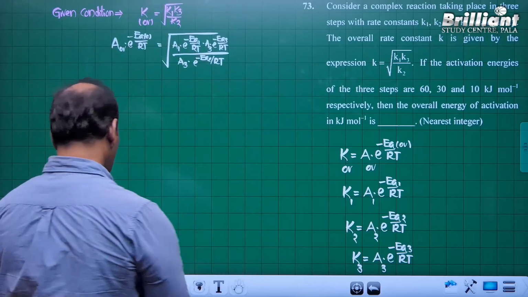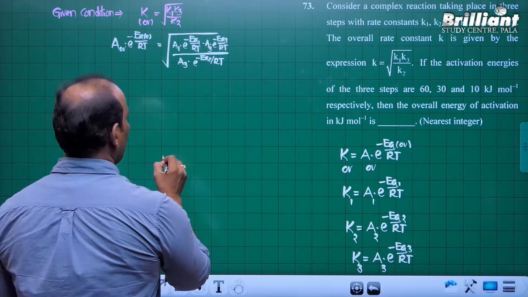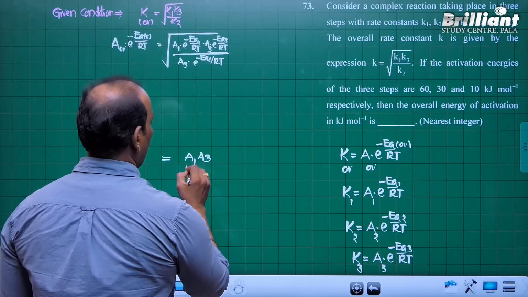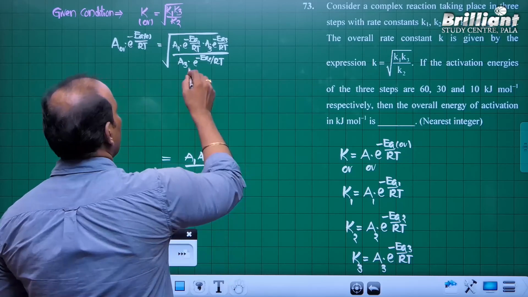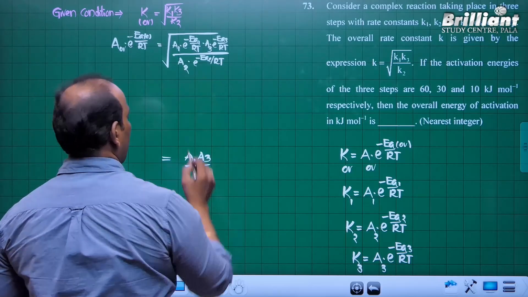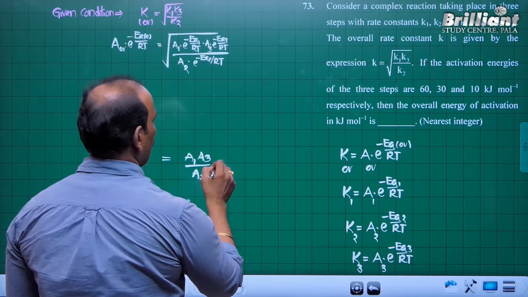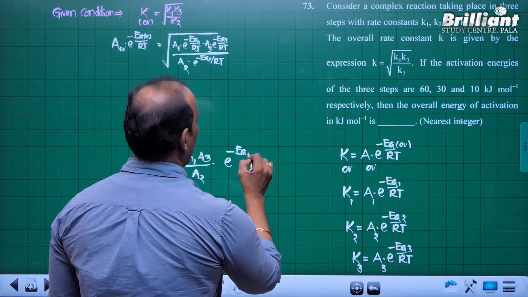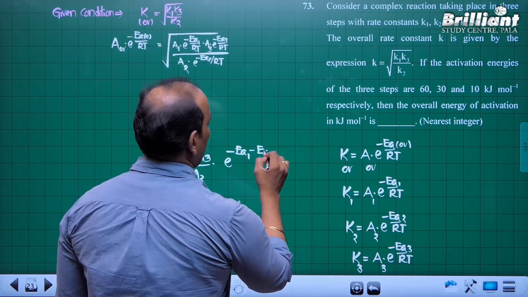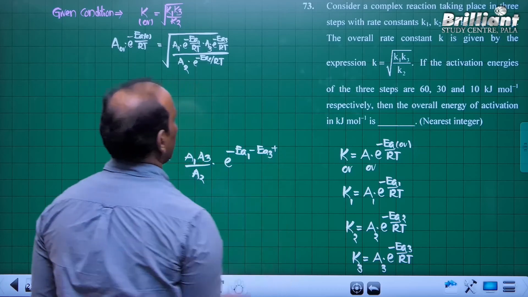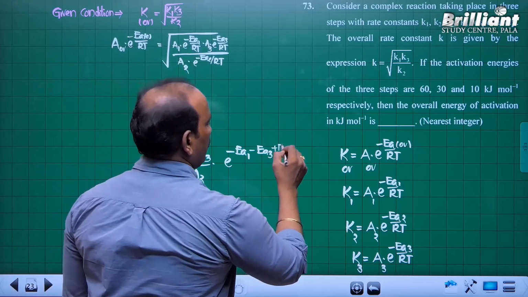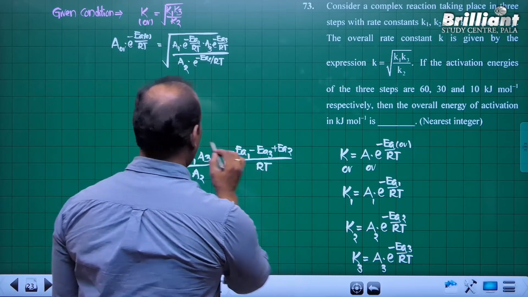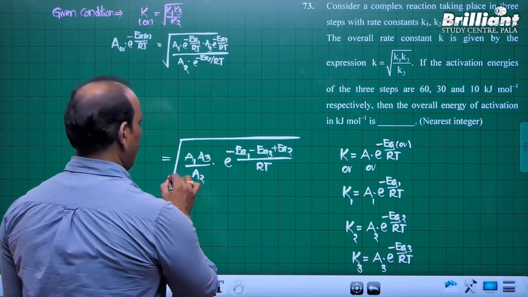And then the next one, this equals under root of A1 A3 by A2 into e power minus EA1 minus EA3 plus EA2 by RT. Okay?